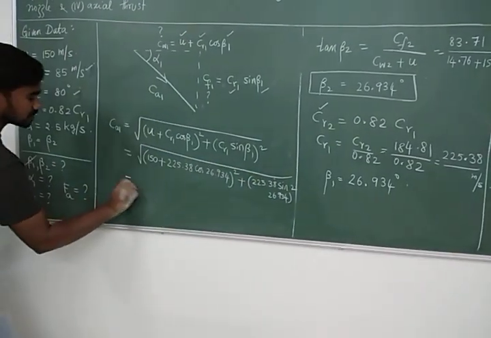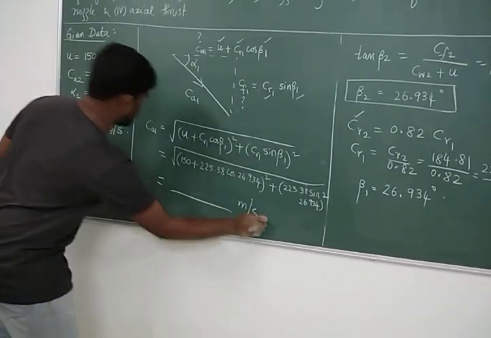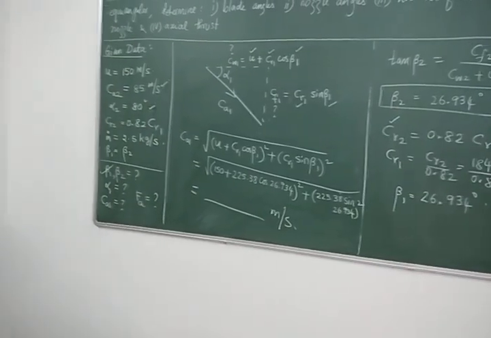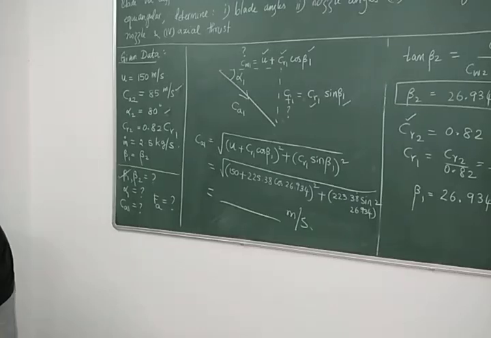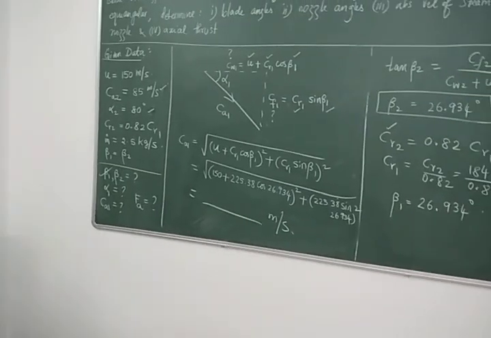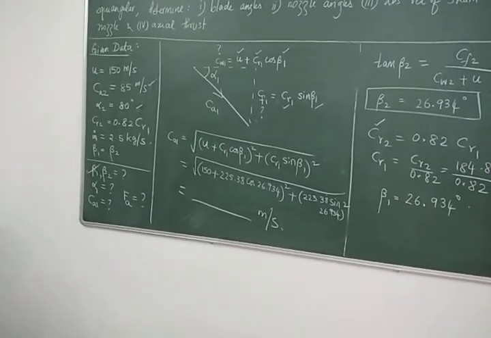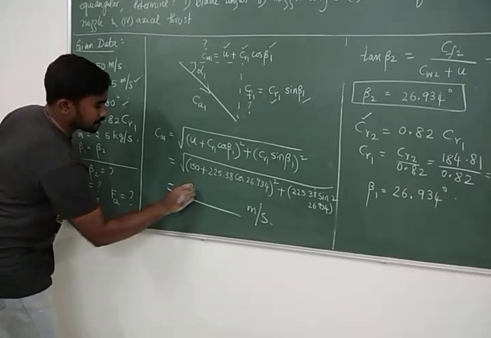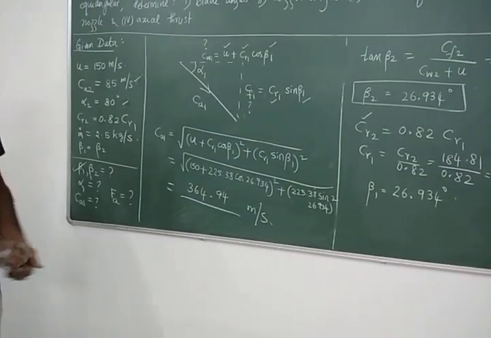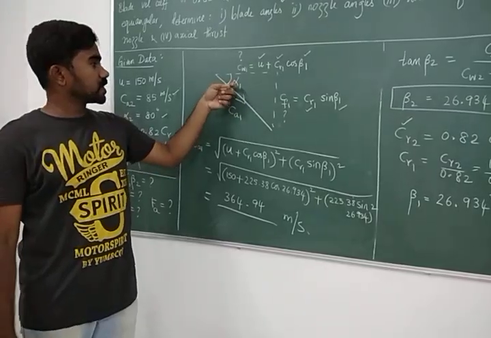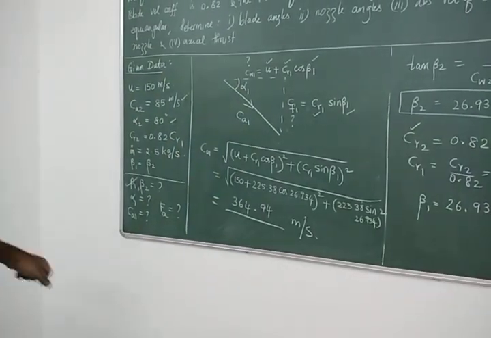Under root of this, you find this will be CA1, and this is something that you have to find in the problem. CA1 is equal to 364.94 meters per second.